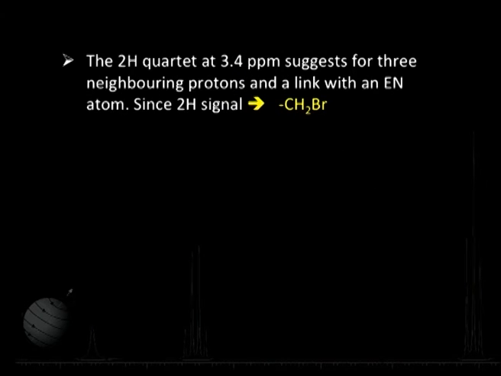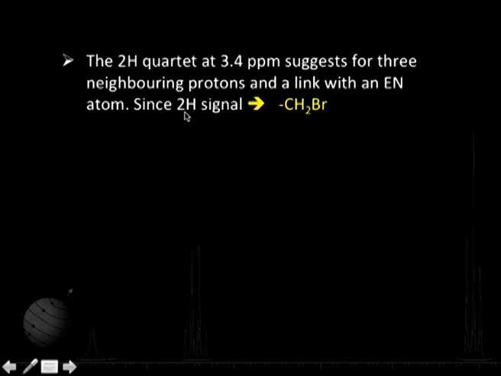bromide. But let us look at 2 more parameters here. This 2 proton quartet is at about 3.4 ppm. This suggests 3 neighboring protons, since it is a quartet, so we expect there are 3 protons in the neighborhood. Also, since it is coming at 3.4 ppm, which is reasonably downfield, these protons are linked with an electronegative atom.